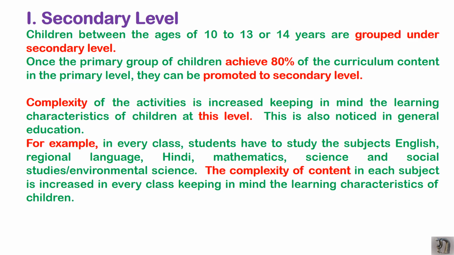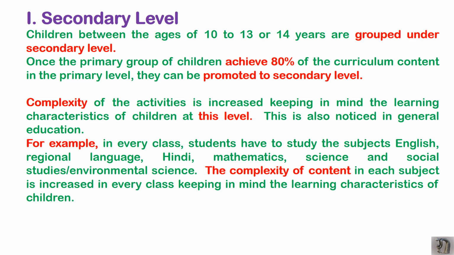So the complexity of the content in each subject is increased in every class, keeping in mind the learning characteristics of the children, because whatever you have learned in the first grade, you will not learn in the second grade. The content remains the same, the subject remains the same, but the complexity level increases.